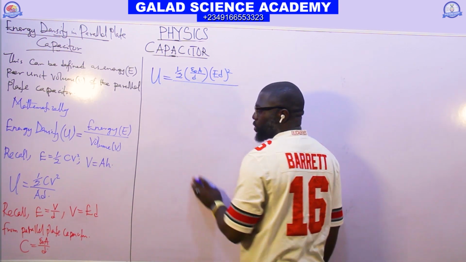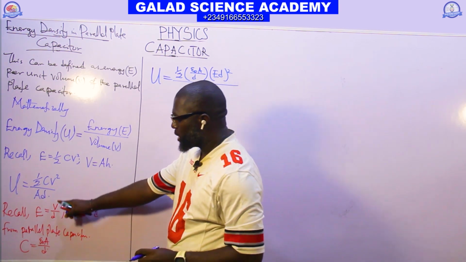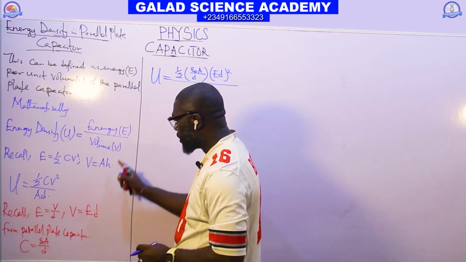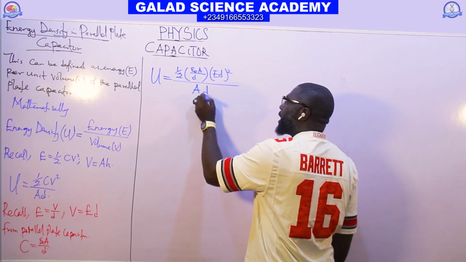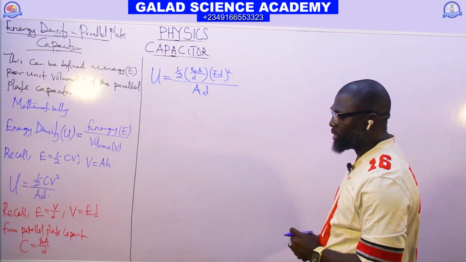Then we have over volume, which is A D. So that's what we have there.